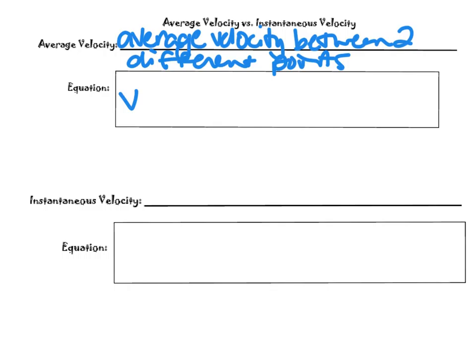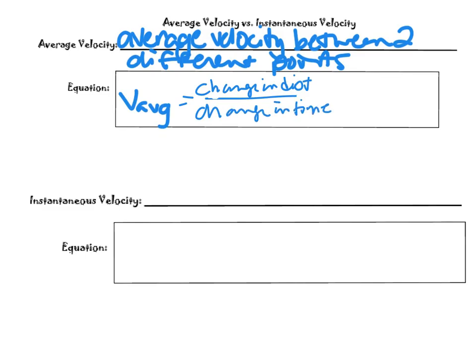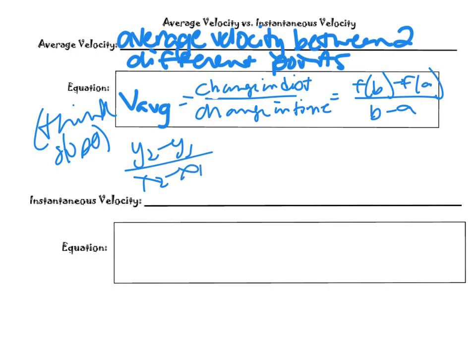So your average velocity is your change in distance over your change in time, which equals your function of b minus function of a over b minus a, basically like your y2 minus y1 over x2 minus x1. So think slope. You're basically just finding the change.